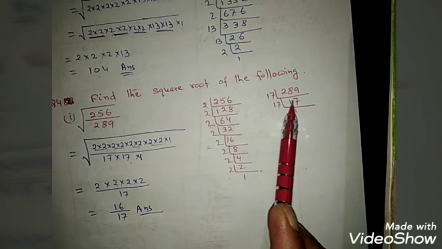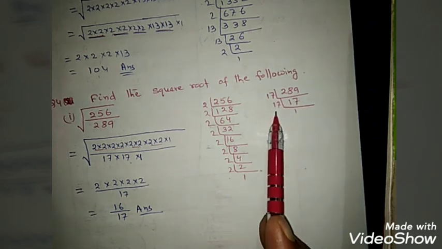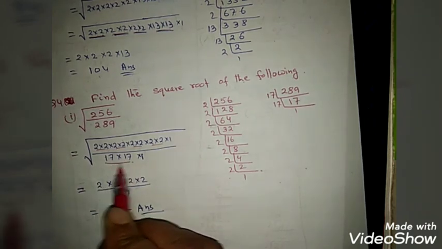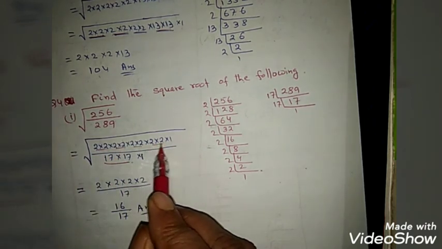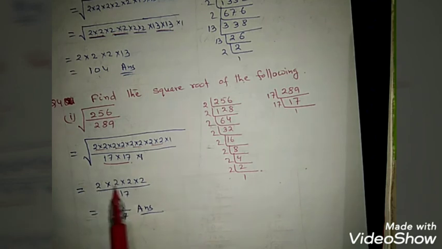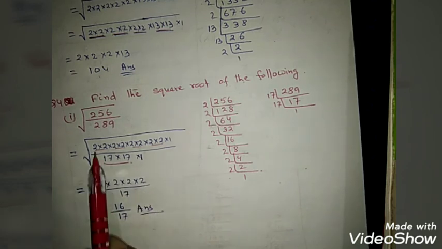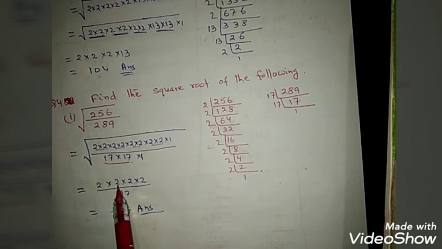And for 289, the factors are 17 into 17. So we write down the factors here, and then we arrange them in pairs, and from each pair we take one factor and multiply them. So finally we get 2 into 2 into 2 into 2 by 17, which is equal to 16 by 17.